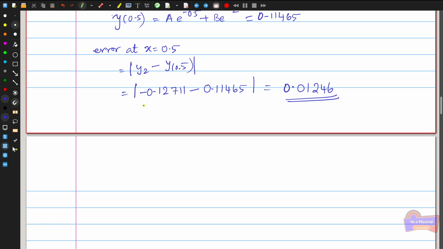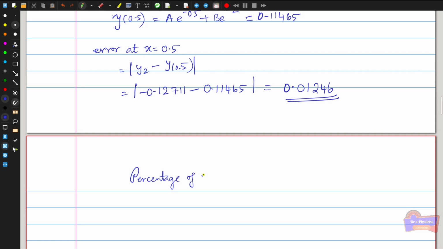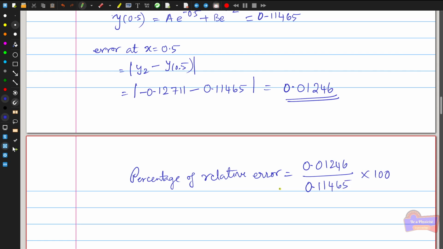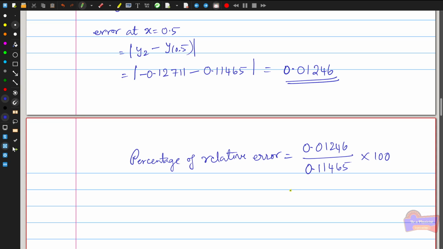Now I can find the percentage of relative error, which is equal to the numerically calculated value 0.01246 minus the analytically calculated value 0.11465, into 100. If I do that, I will get 10.8%.